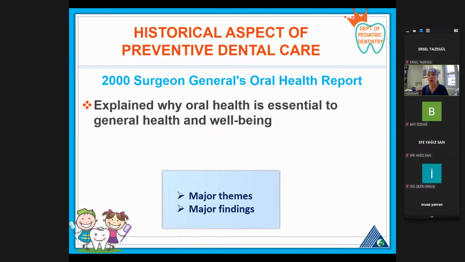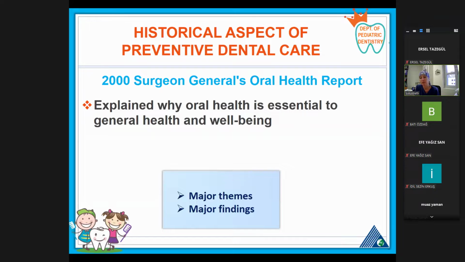So when we talk about oral health, we talk about the overall well-being of individuals and their quality of life. So when we try to prevent dental or oral diseases, then we are trying to make people have a better way of life, a better general health and well-being.